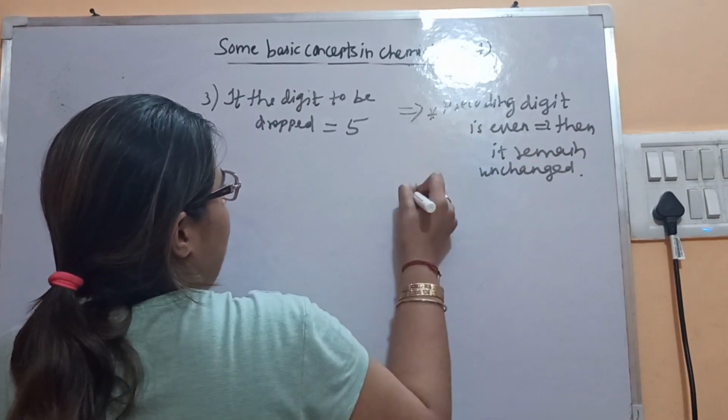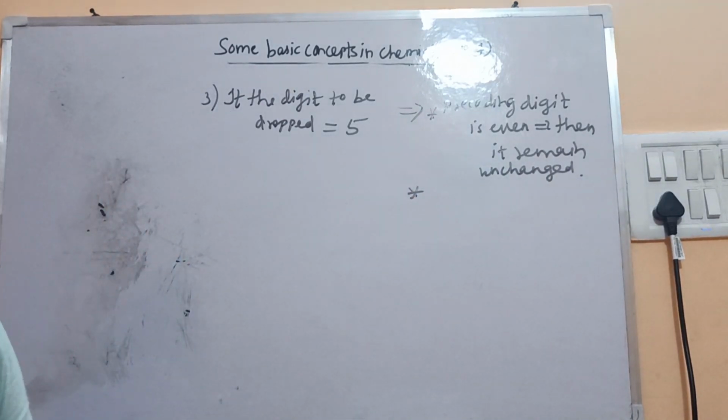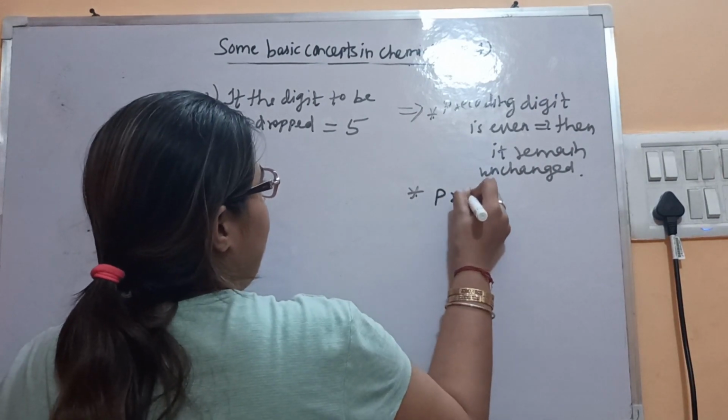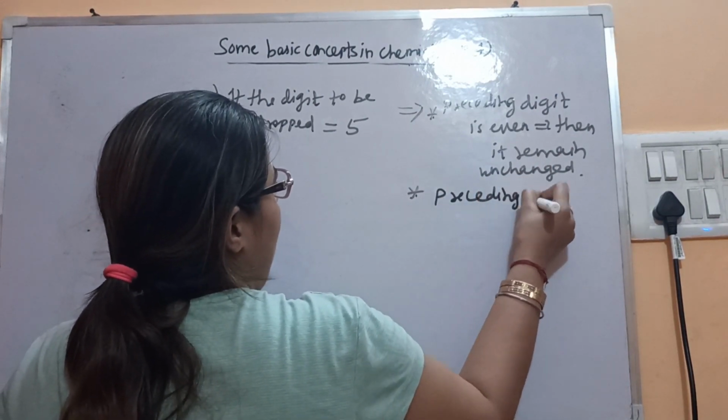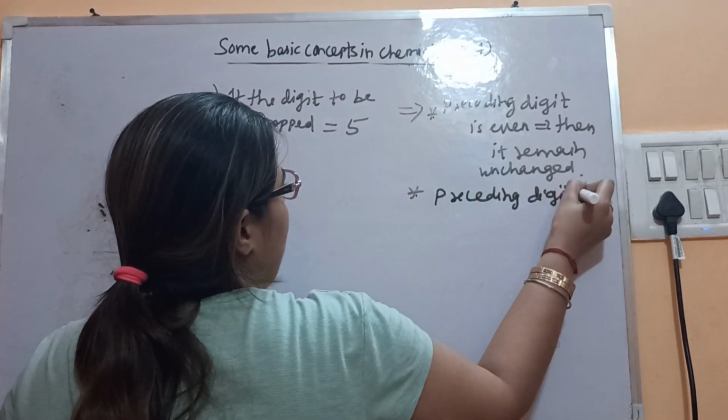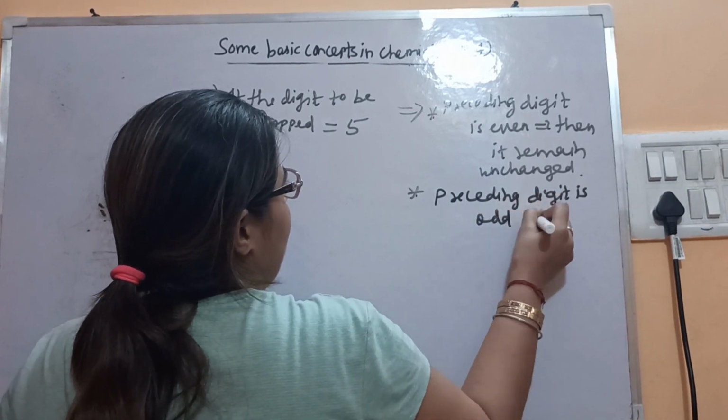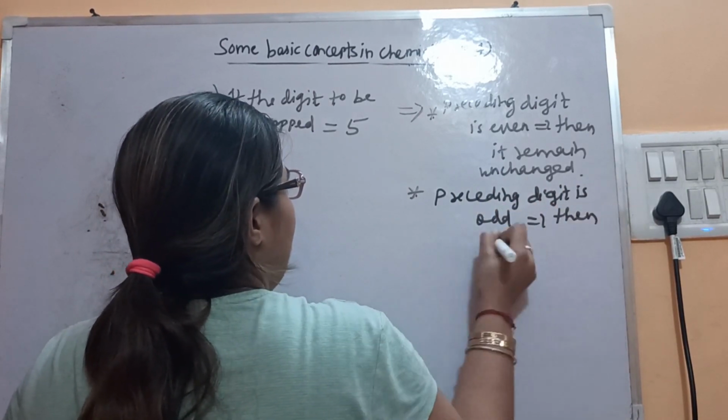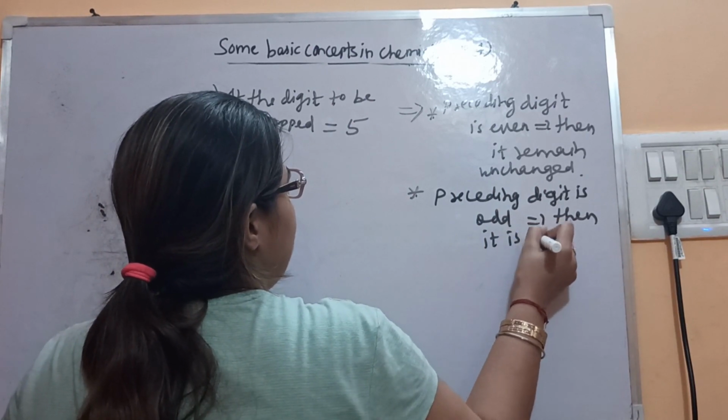But if the preceding digit is odd, then it is increased by 1.